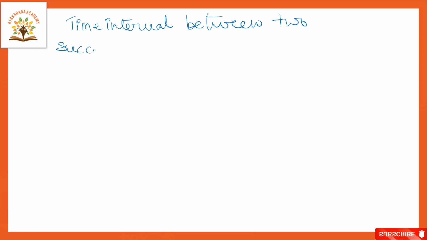Time interval between two successive water drops, ΔT = T1/(n − 1).